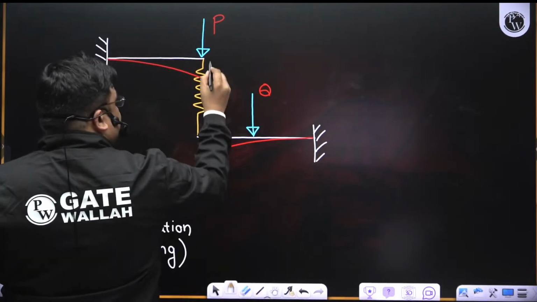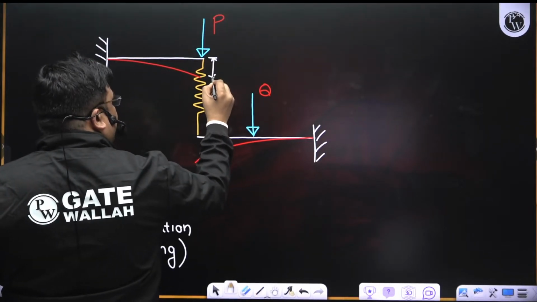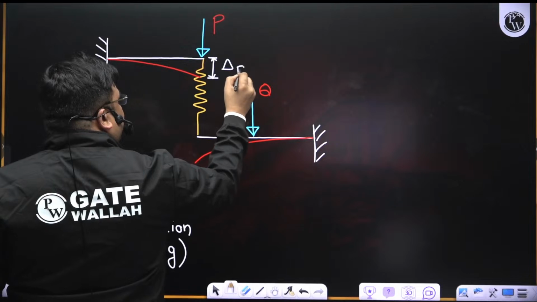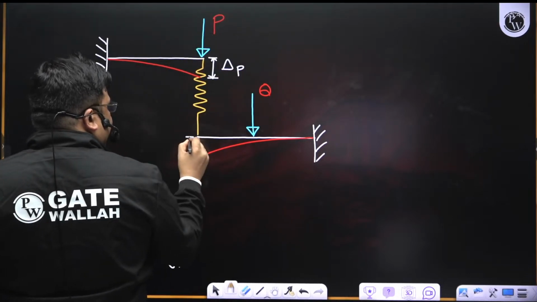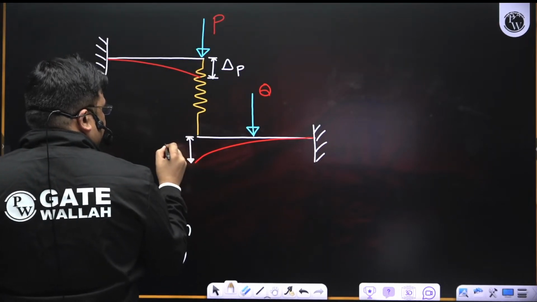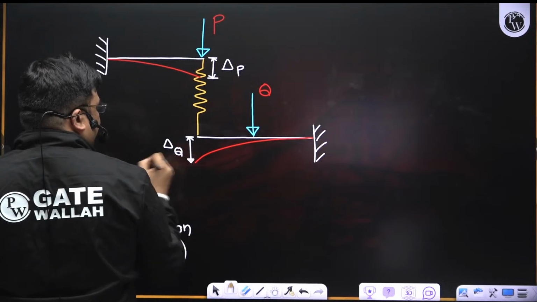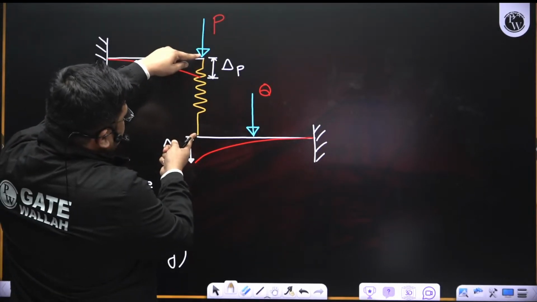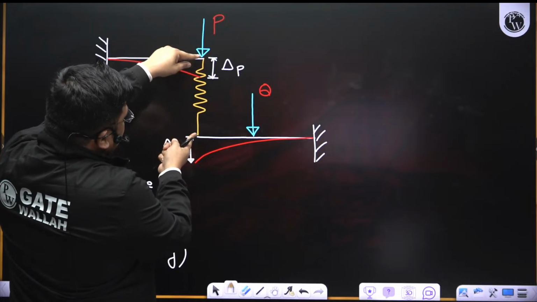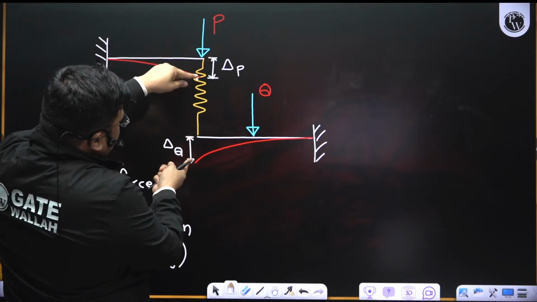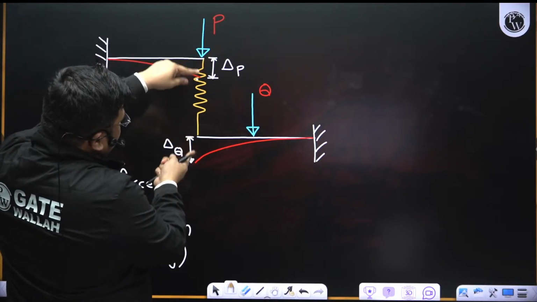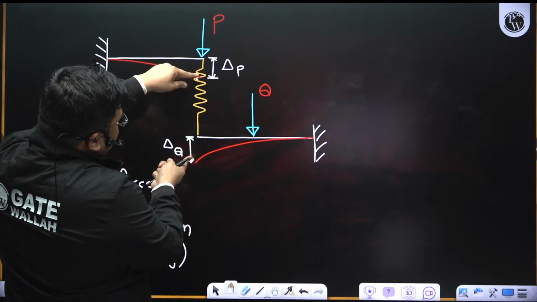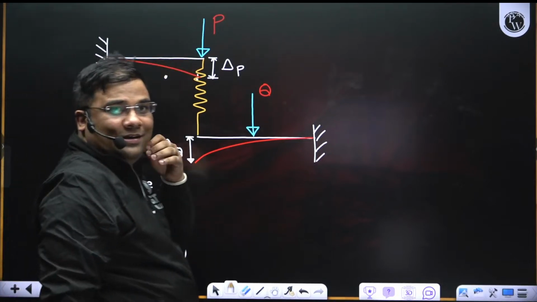Suppose this deflection due to P becomes equal to this deflection due to Q. Then the spring will just be displaced to this position, and there is no net deformation in the spring, right?